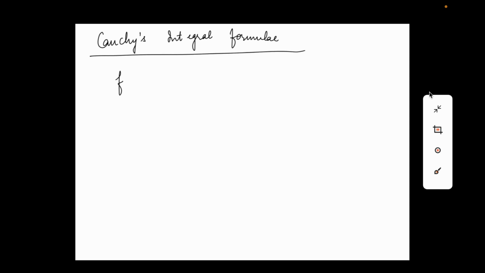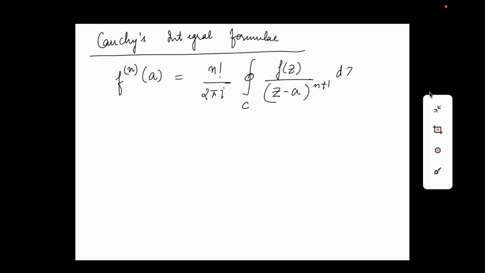Now the point is, what about Cauchy's integral formula? First let's write that. You have to take the nth derivative at a point a, and that is n factorial by 2 pi i times the integral over the contour of f of z by (z minus a) power n plus 1 dz.